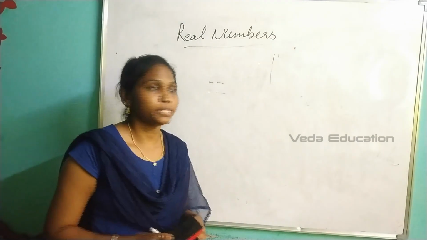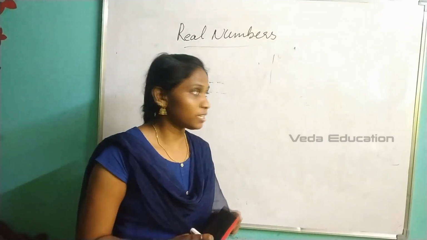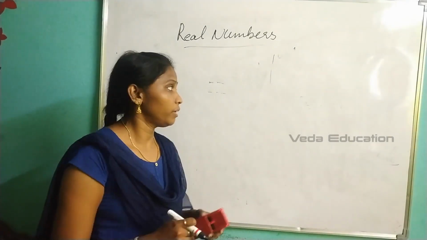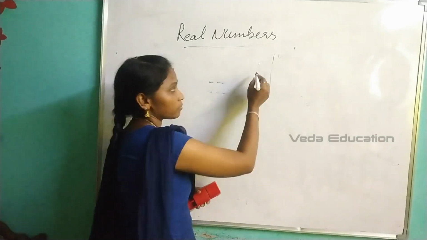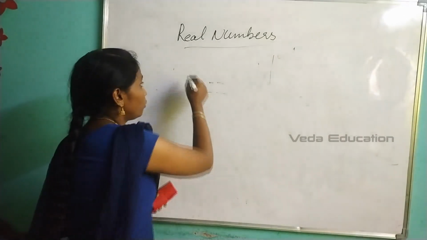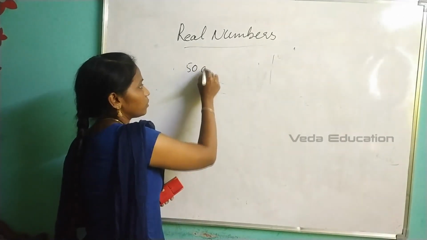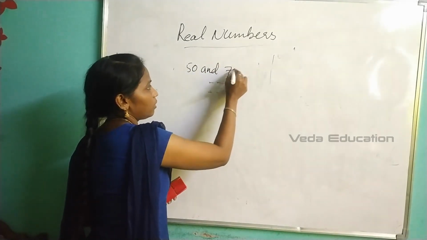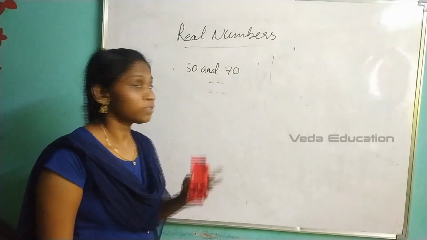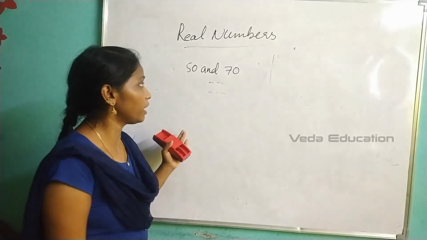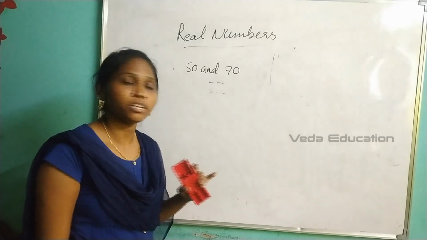Before that, let us recall the method we discussed in previous classes. I am taking two integers, 50 and 70, and in this 50 is the smallest number. So consider 50 as the divisor and 70 as the dividend.